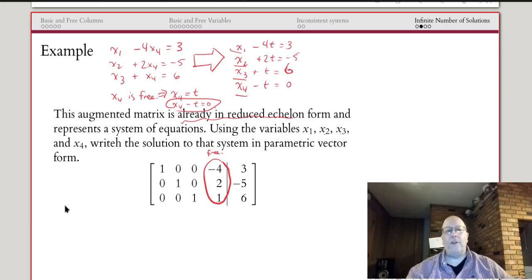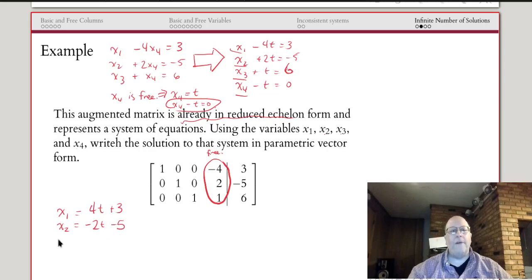And so my solution is going to be that x1 is equal to, I'm going to bring the t to the other side so it becomes positive 4t. x2 is going to be negative 2t minus 5. x3 is going to be negative t plus 6. And x4 is going to be positive t. That is our equation form.